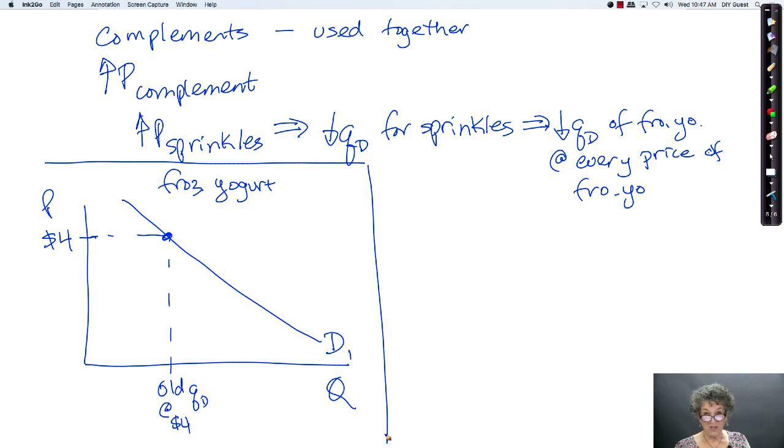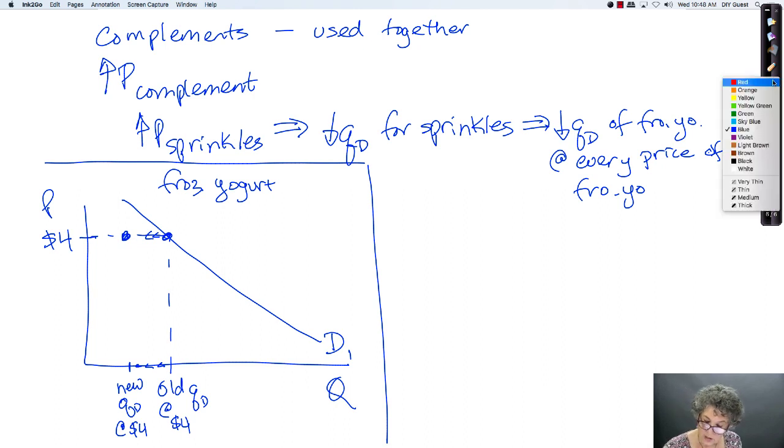So sprinkles went up. I don't want as much frozen yogurt. I can't have my chocolate yogurt without my sprinkles. So the sprinkles are more expensive, and I'm not going to buy as much frozen yogurt. The quantity demanded goes down. There's a new lower quantity demanded at that price of $4. And that's going to happen at every possible price of frozen yogurt.